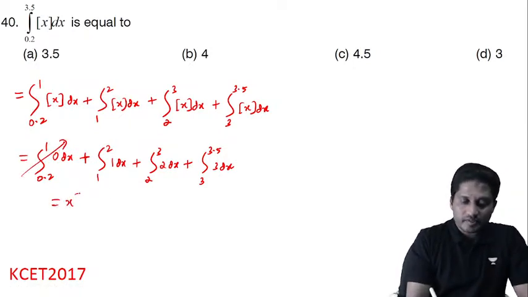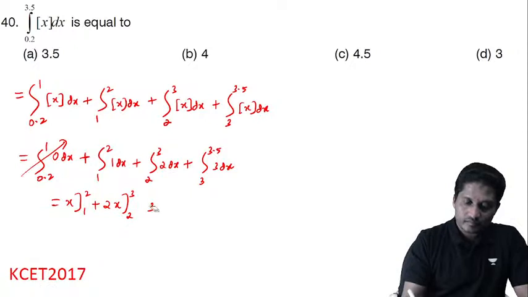Integration of dx is x between the limits 1 to 2. 2 is a constant, so it comes out. Again, dx is x between the limits 2 to 3. Again, dx is x between the limits 3 to 3.5.